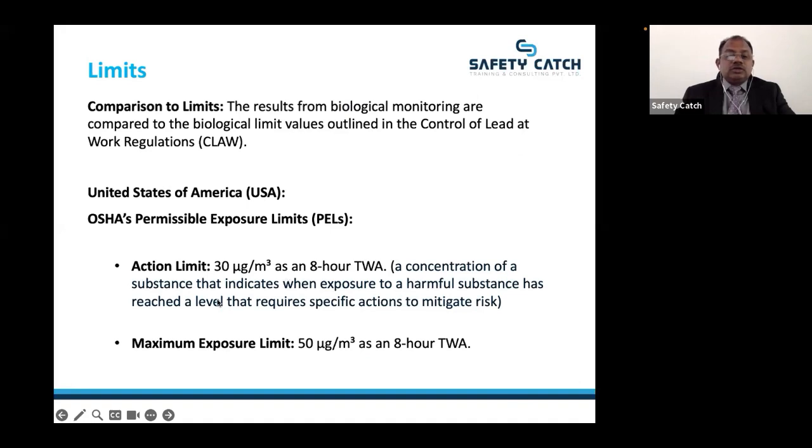An action limit is a concentration of a substance that indicates when exposure to a harmful substance has reached a level that requires some actions to mitigate the risk. So if they mention 30 microgram per cubic meter, the action limit is 30 microgram per cubic meter as an 8-hour TWA. You have to start your actions the moment it crosses 30, whereas the maximum allowed is 50 microgram per cubic meter.